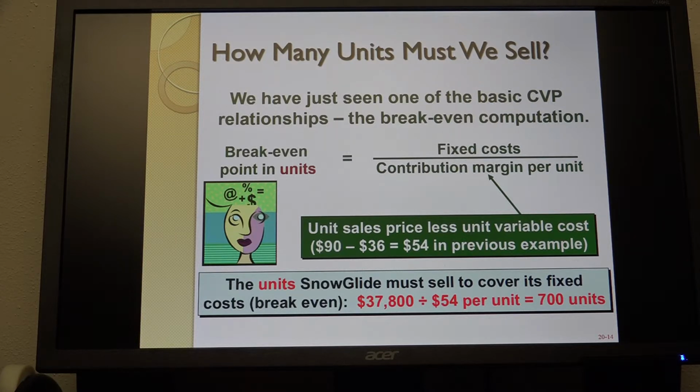That's 37,800 in our example. The denominator is the contribution margin per unit. Well, what's the contribution margin per unit? Well, it's the unit sales price less unit variable cost. And in our example, 90 minus 36 equals $54 contribution margin per unit. So that's where we came up with the 700 units.